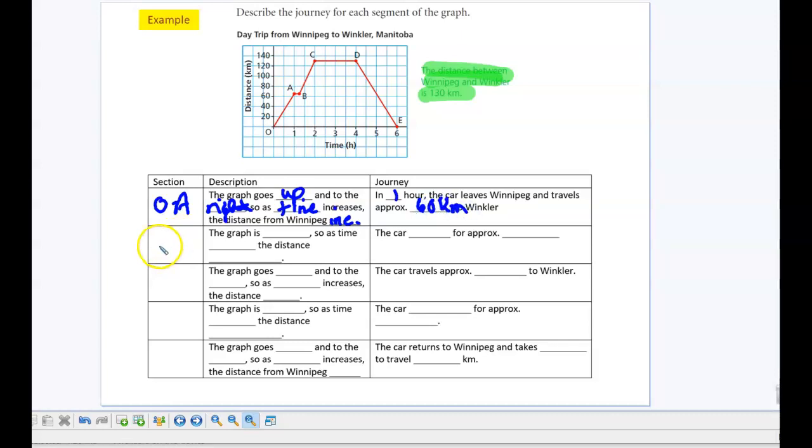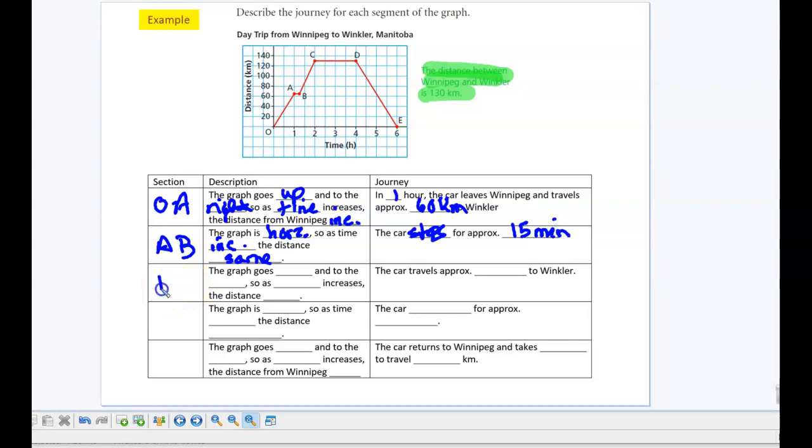In section AB, the graph is horizontal. So as time increases, the distance stays the same. And it looks like in this graph, the car stops for approximately 15 minutes.